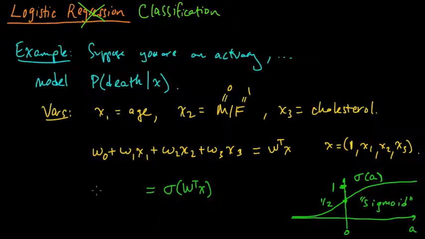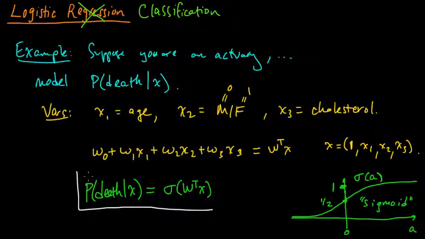So maybe we should do this. The model is P of death given x equals sigma of w transpose x. And this is the model for logistic regression. You're not always modeling death, but this is the form of the logistic regression model: you model probabilities in this way.